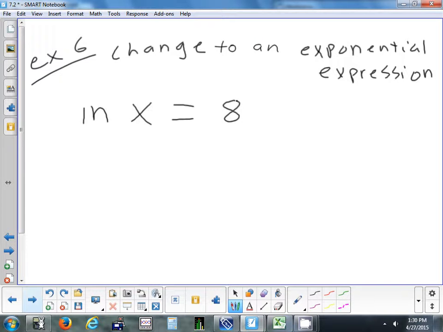Okay, so this one I want you to change to an exponential expression, just like we did before. So we have to identify the three things. Figure out your base, your exponent, and what's going to go on the other side.